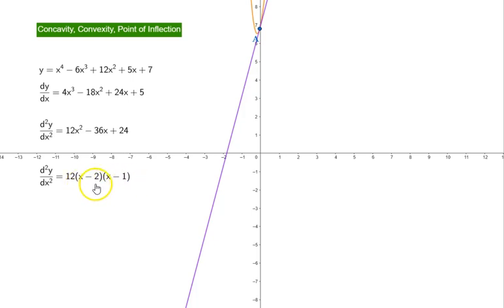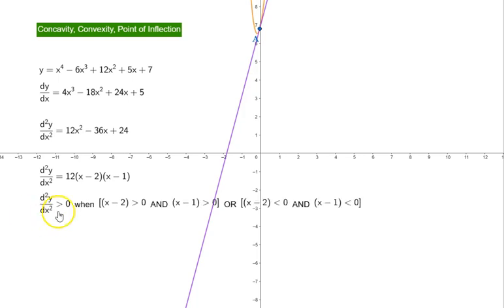We get this, 12 times x minus 2 times x minus 1. When will it be greater than 0? So this will be positive when x minus 2 is positive and x minus 1 is also positive, or when both of them are negative, which is what is mentioned here.